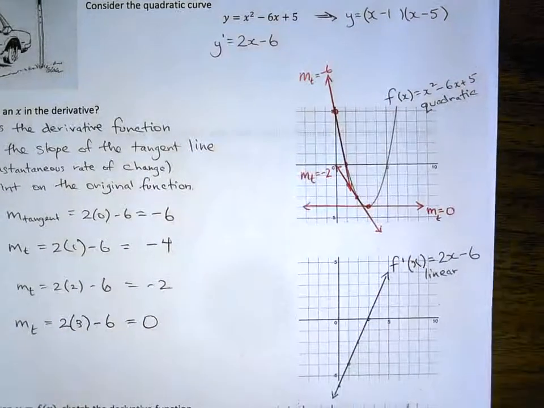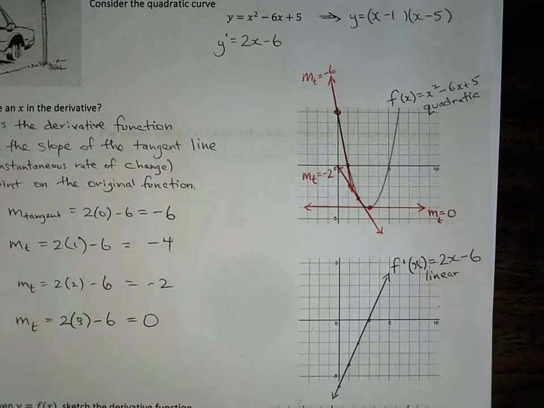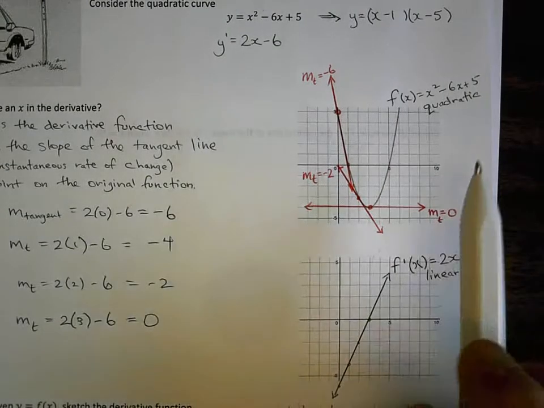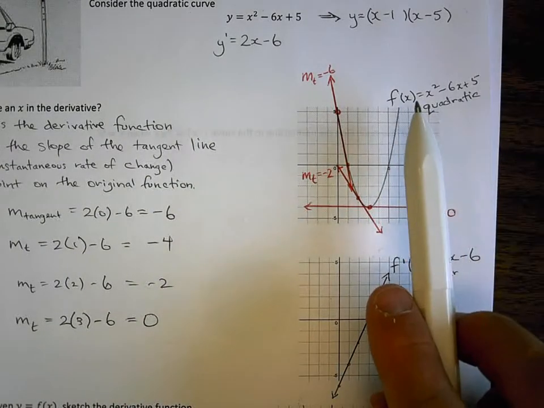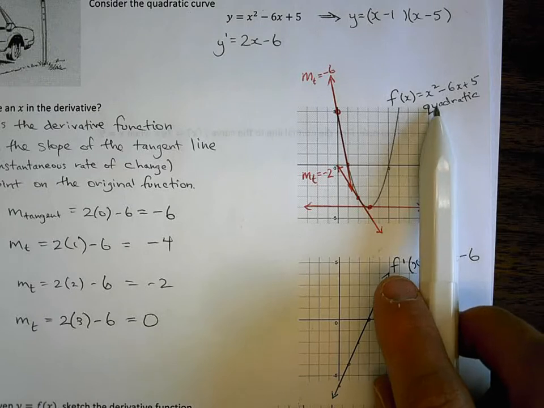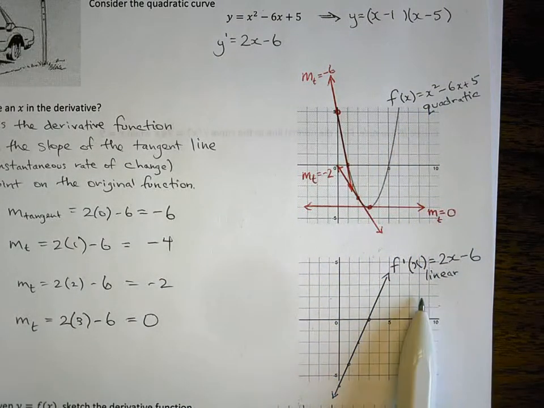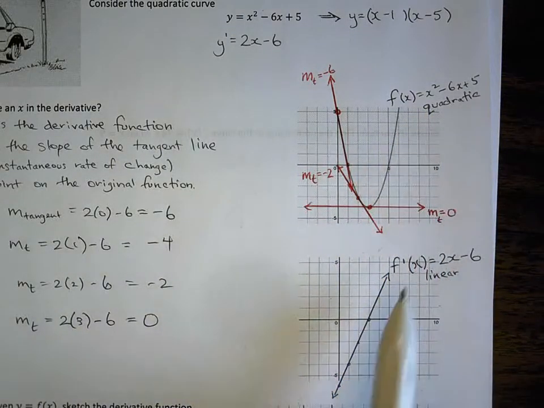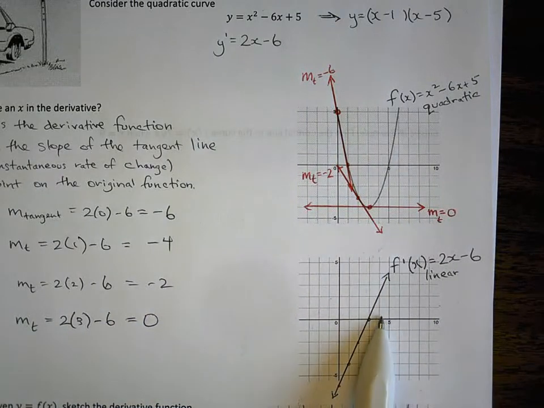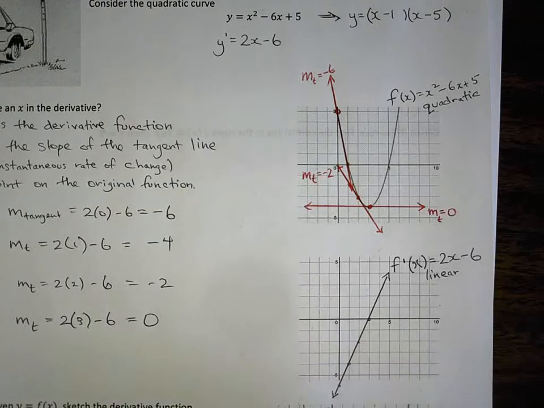This is no accident or surprise or something that we should not consider. This comes up: if I take a polynomial function, its derivative function is 1 degree lower. We go from second degree to first degree, quadratic to linear. This is going to come up a lot in grade 12 when we return to calculus.